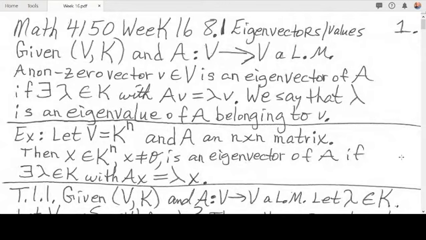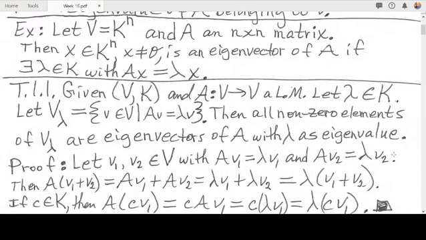So when x is an element of K^n, x not 0, x is an eigenvector of A if there exists a scalar lambda with Ax equal lambda x. I stress that the eigenvectors are not the zero vector, because the zero vector cannot and never will be an eigenvector of any eigenvalue. So they must be non-zero.